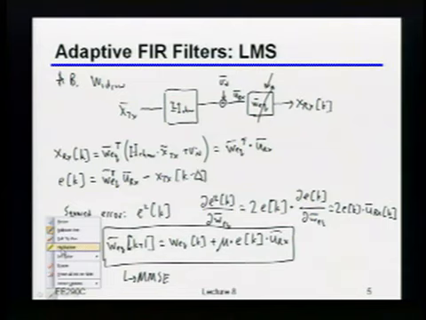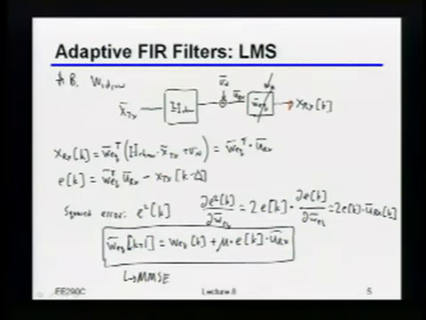Intuitively, this is a good thing to notice. What I'm correlating is the error at the output, which is after the equalizer, with the input to the equalizer. That input contains the noise, right? Another way of interpreting this, thinking back to statistics: whenever you multiply things and average them, that's like doing a correlation. What you're doing here is driving the correlation between the error and the input to the equalizer to be 0.